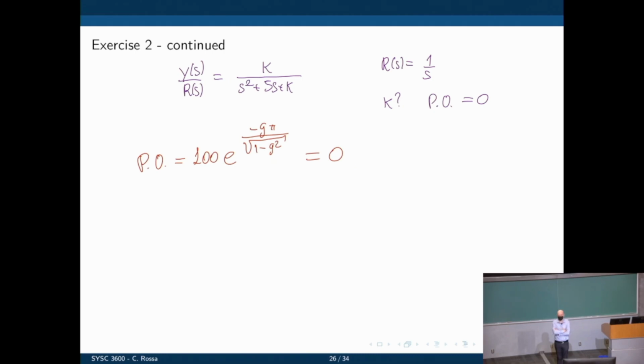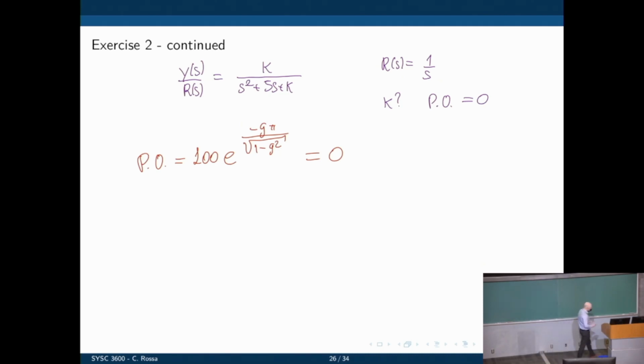We know that k will influence zeta and omega n. So I can use this function to determine the value of zeta required for no overshoot, and then manipulate k to get that value of zeta. Would that make sense? Oh, it doesn't work.